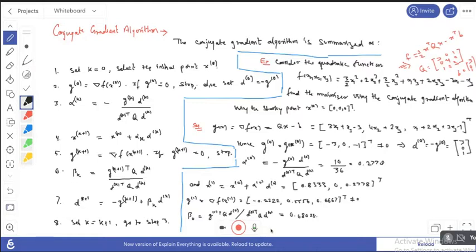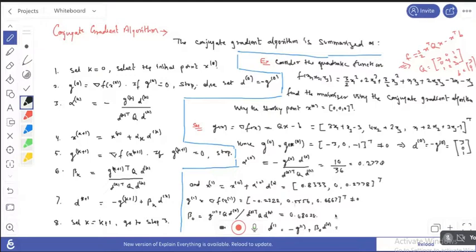So now you go to the d1 value. What is your d1 here? d1 is equal to minus g1 plus beta 0 d0. And here we have the beta 0 value, the d0 value, and the g1 value.